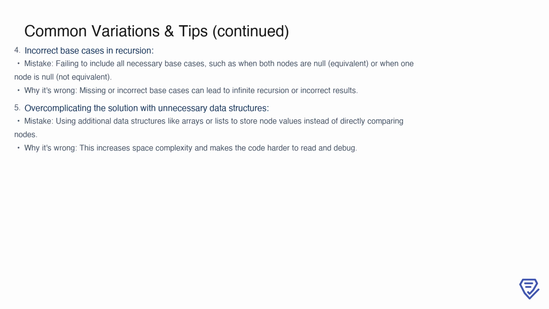Another mistake is overcomplicating the solution by introducing unnecessary data structures, such as arrays or lists, to store node values. This approach not only increases space complexity but also makes the code harder to read, debug, and maintain. Directly comparing the nodes as you traverse the trees is a simpler and cleaner strategy. Keeping your solution streamlined and focused on the problem requirements is often the best approach.